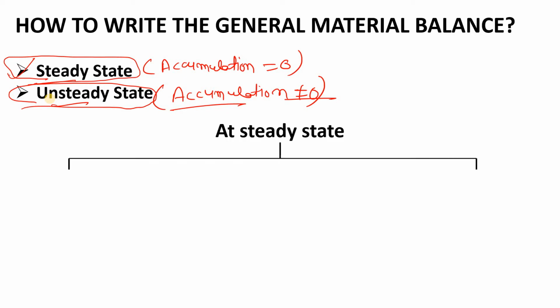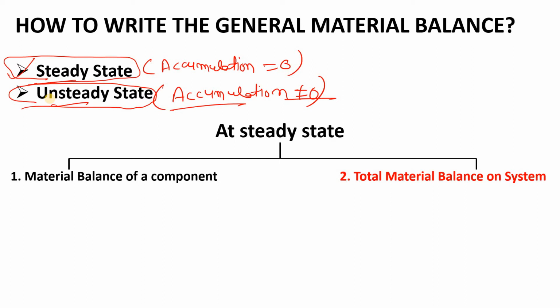And at the steady state there are two types of material balance. The first one we will discuss is the material balance of a component, which means we can apply the material balance on a component. As we discussed in our previous example in the combustion, we can apply the material balance on the carbon, and we can also apply it on the S. And we can also apply the material balance on the total system.